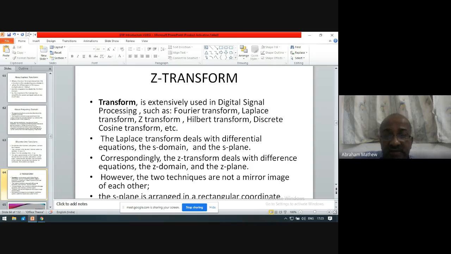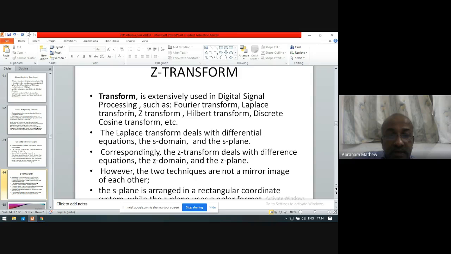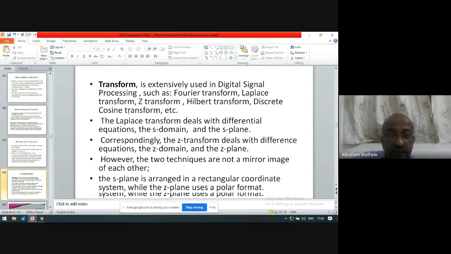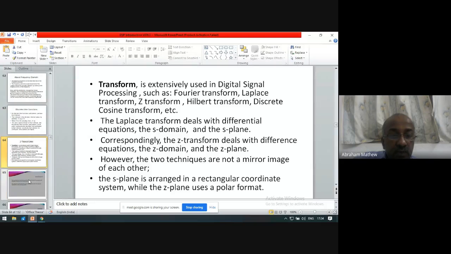This transform is used in DSP and it can be expressed using mathematical equations.